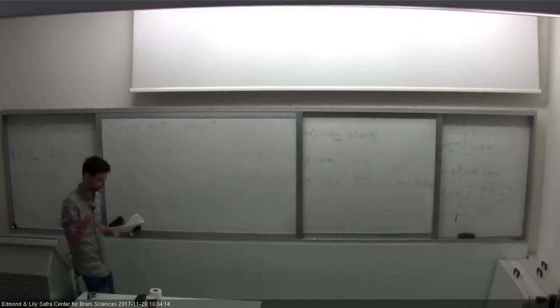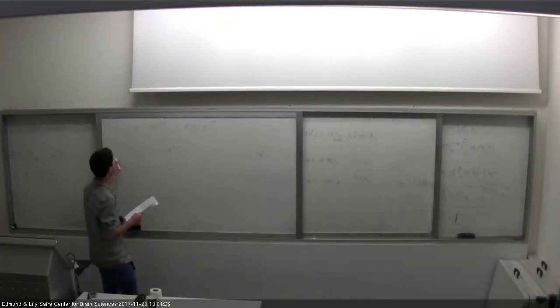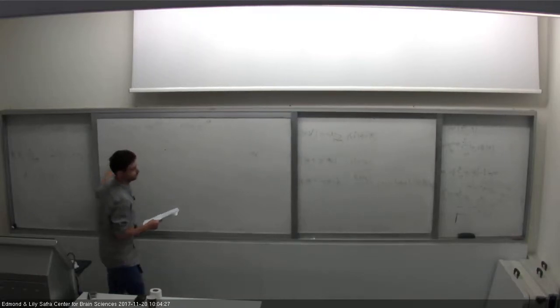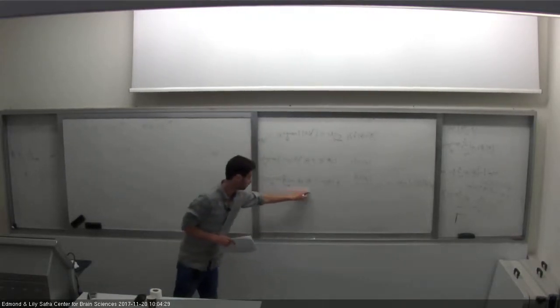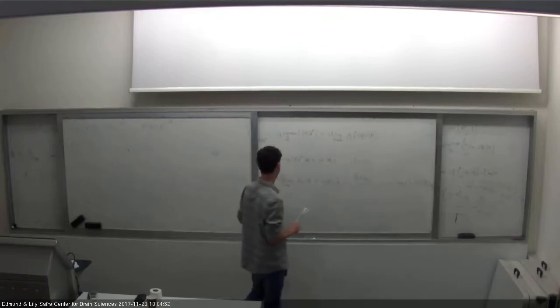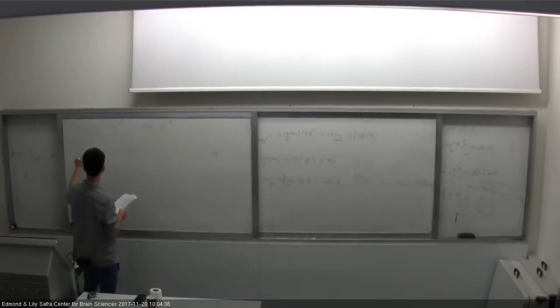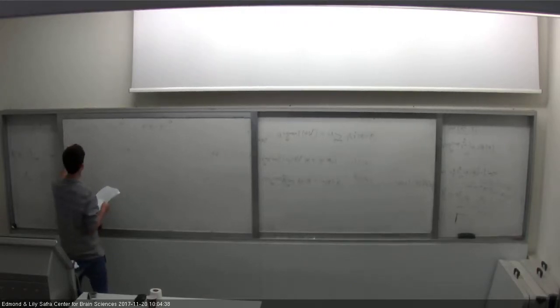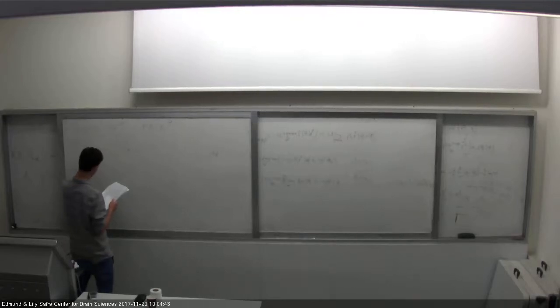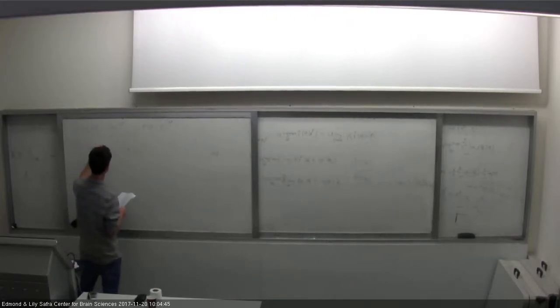So, what do we need to do? We know that this is the posterior, the maximum posterior. First we need to find the sum over n of log f of xi given theta.